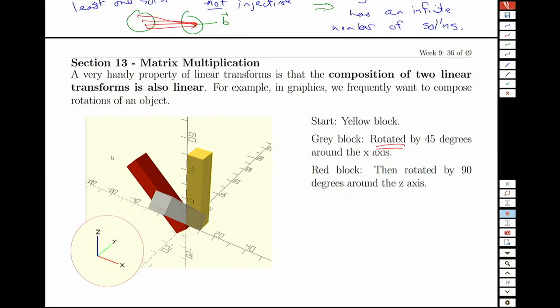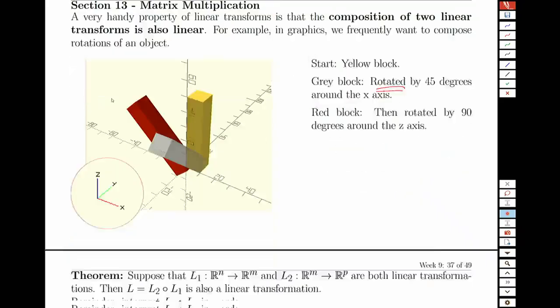If we start with this yellow block and rotate around the x-axis, so we flip it down 45 degrees, and then rotate around the z-axis, the center vertical, we take that gray and rotate it into the red. I would like to be able to do that very quickly, maybe all in one step. The way we do that is we compose our matrices.